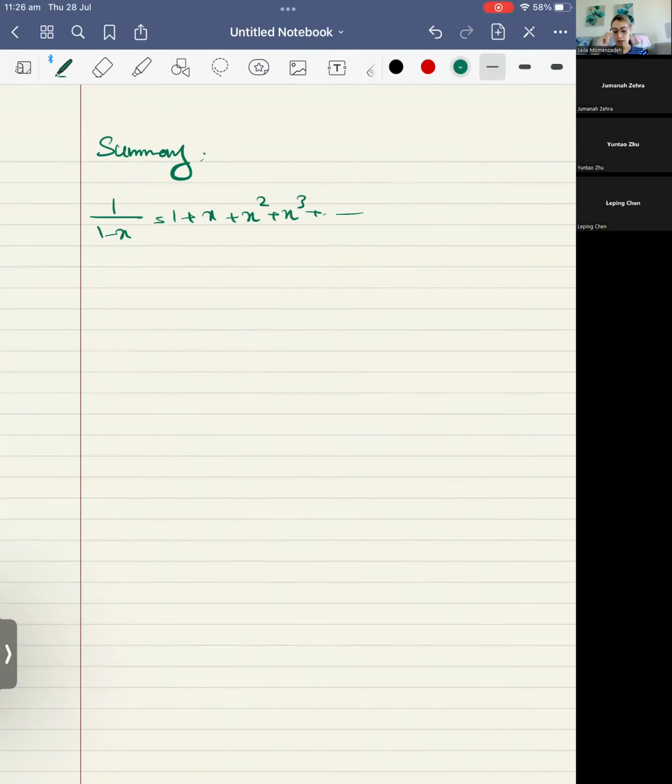So I can write here 1 over 1 minus minus 1 over 2 x squared would be equal to 1 plus minus 1 over 2 x squared plus minus 1 over 2 x squared to the power 2 and so on.